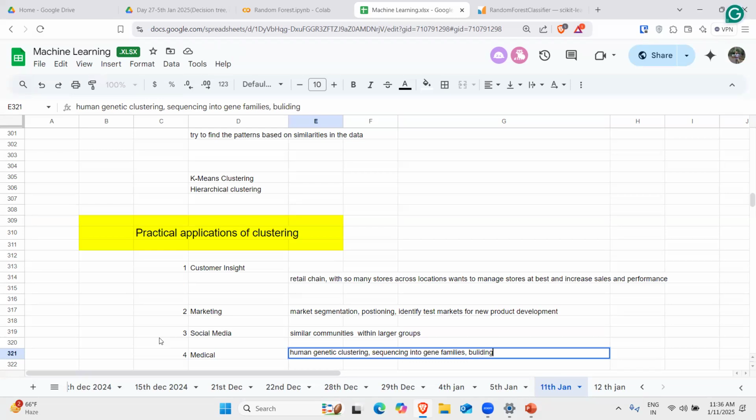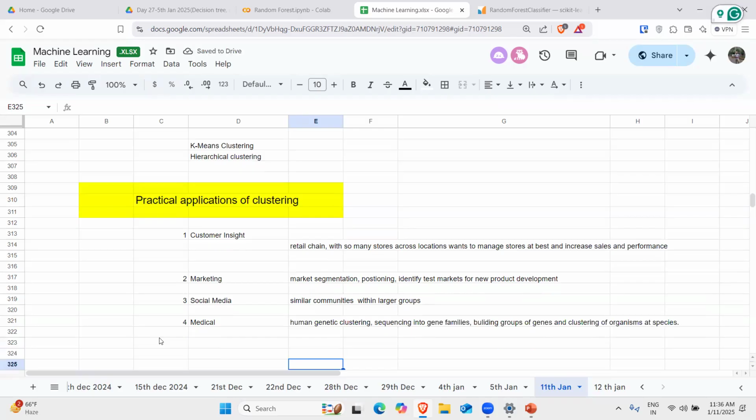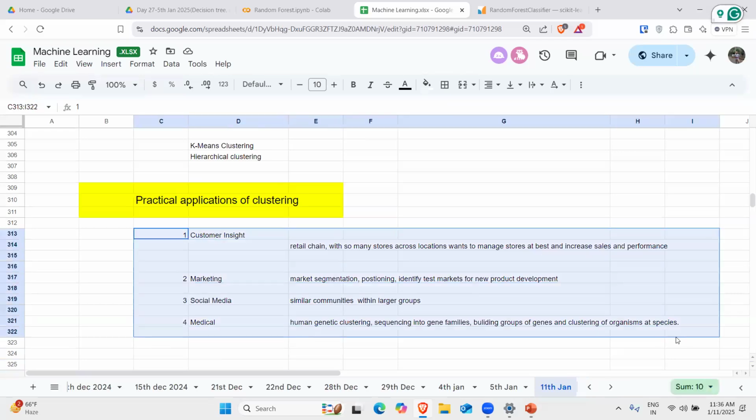And we are going to build groups of genes and clustering of organisms, at species level, right? Different species will consist of different clusters like that. So there can be n number of things, and trust me, guys, this is going to be very helpful for you in your real case scenarios as well. You can find n number of applications related to that.